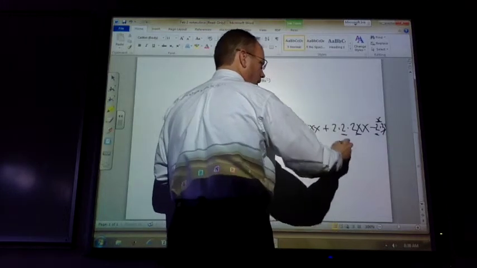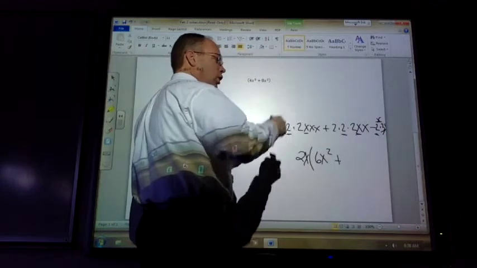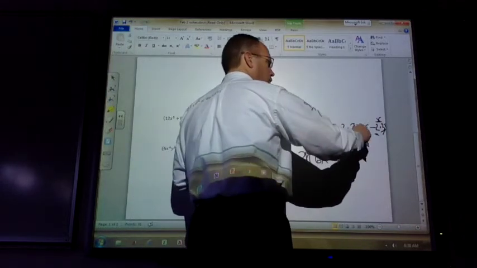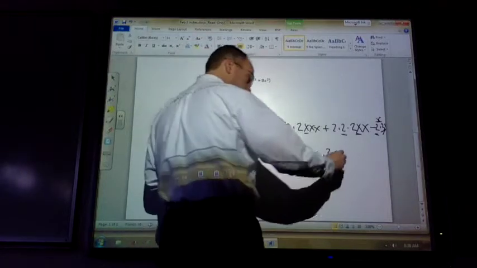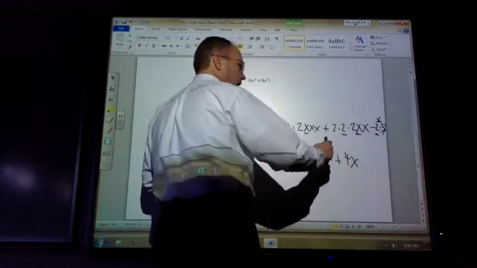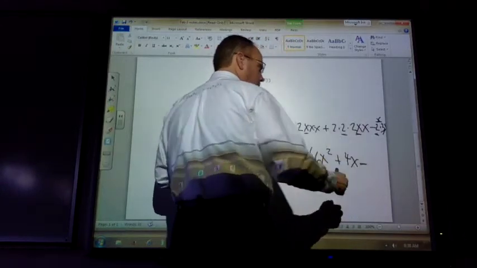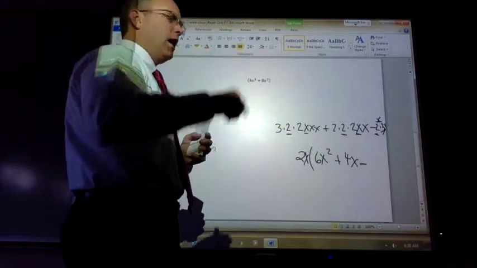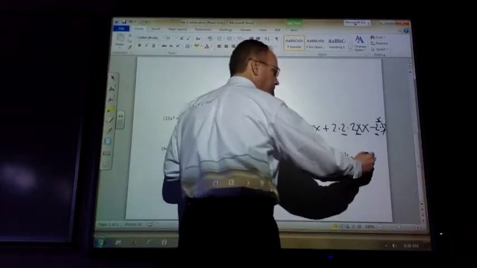Plus, I have 2, 2, 2, X, X, and I factored out a 2 and an X, so I'm left with 2, 2, and an X. So what is that? 4X, good. And then the last one, I had a 2, a 3, and an X, and there's a minus sign that we have to bring down. If I factor 2X out of that, what do I have left? Yeah, and then close parentheses.